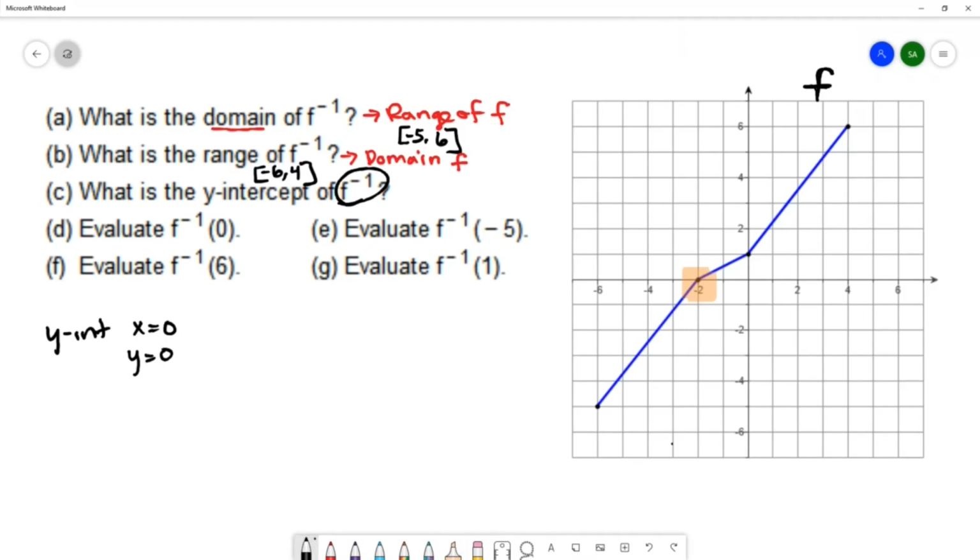So just to clarify, on the graph of f, we have the ordered pair -2, 0, which is an x-intercept. With the inverse, the ordered pairs get switched. The x's become y's and the y's become x's, and that is a y-intercept of the inverse. So the y-intercept of f inverse will be at -2.